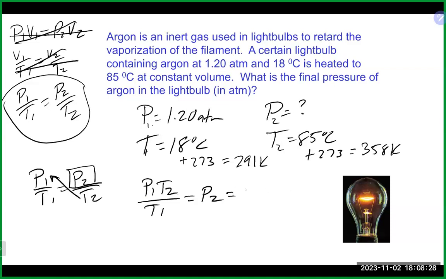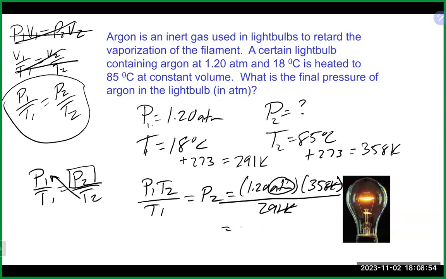Putting in our numbers here, P1, 1.2 atmospheres, T2 goes up on top, divided by T1 on the bottom. Kelvins will cancel, going to leave us atmospheres as our unit of pressure, and that will get us 1.2 times 358, divided by 291 in this case.